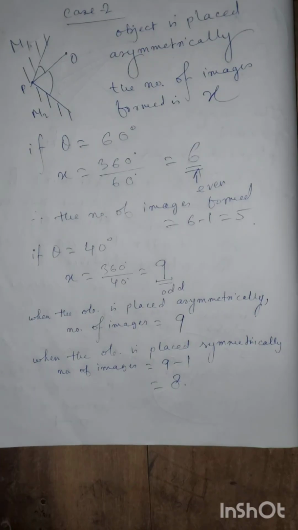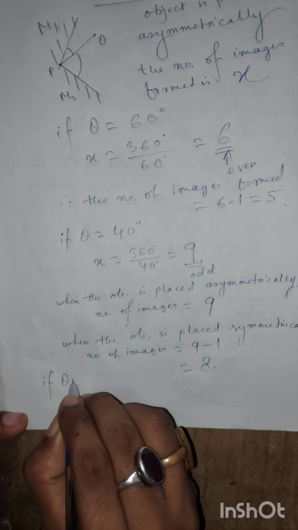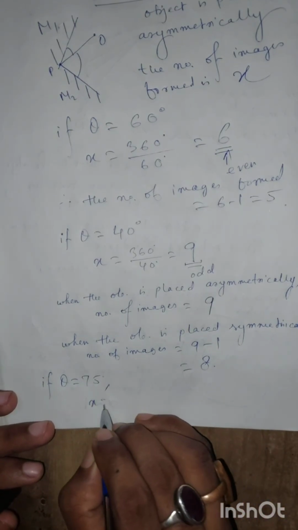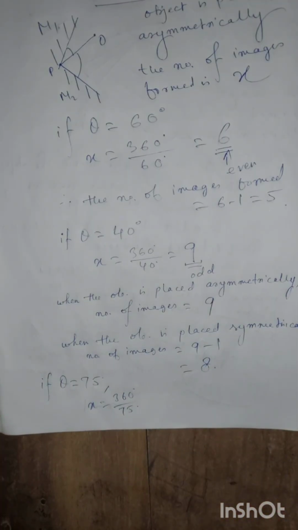Now if theta is 75 degree, then x equal to 360 degree by 75 degree.